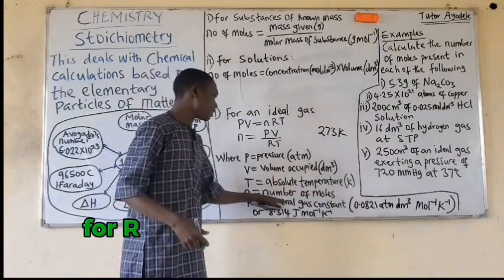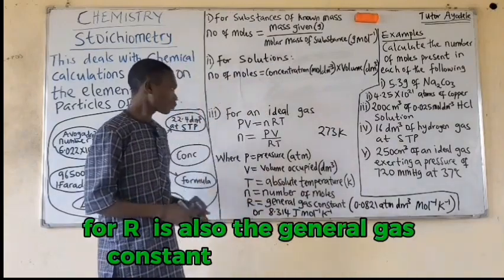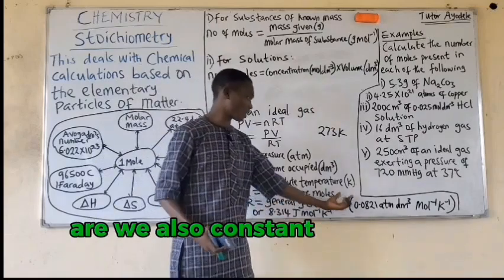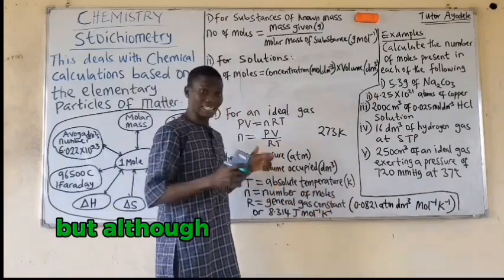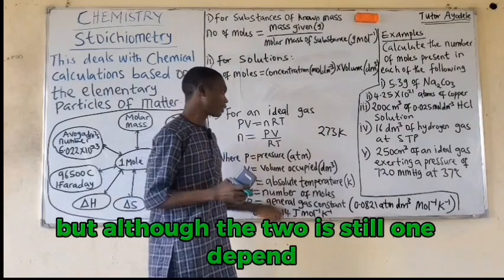Our R is the general gas constant. The number for R is also constant, although there are two values, depending on the units.